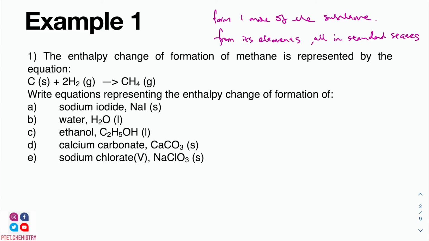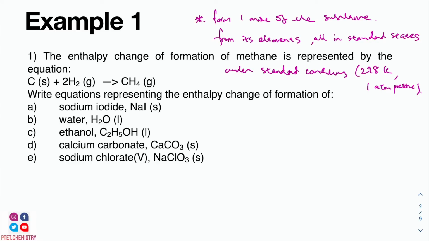And if they are specifically for standard enthalpy change of formation, then you have to really specify under standard conditions. And the standard conditions are defined as 298 Kelvin, or you can say 25 degrees Celsius, and 1 atm pressure.